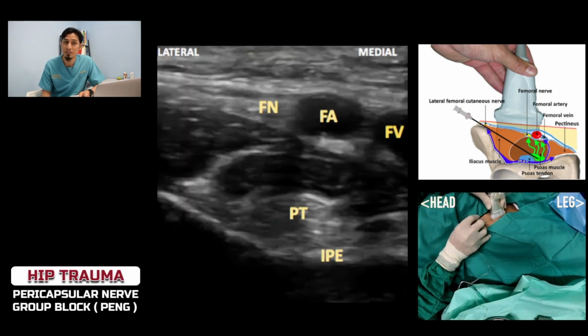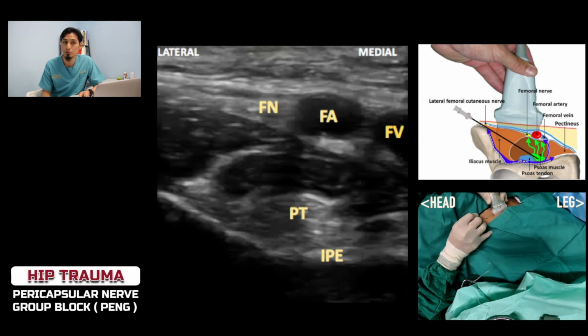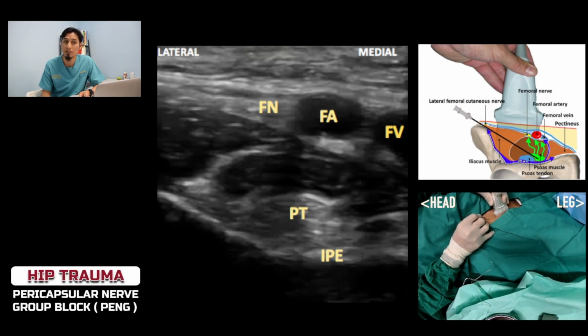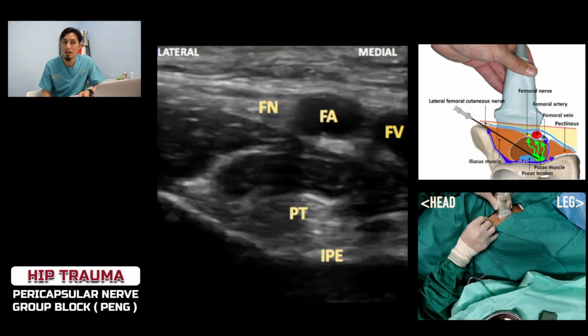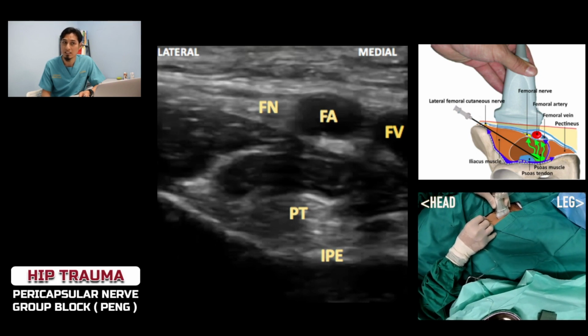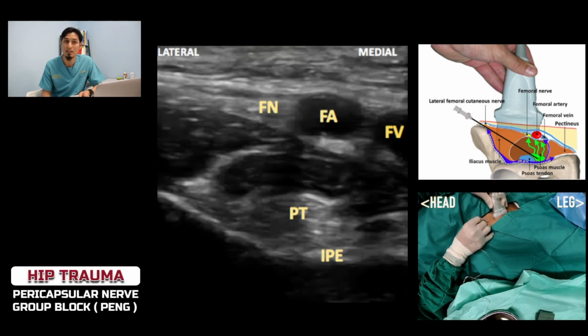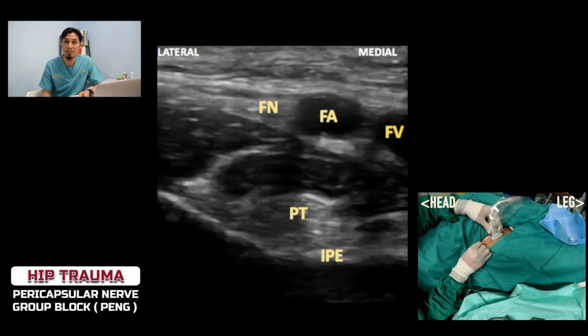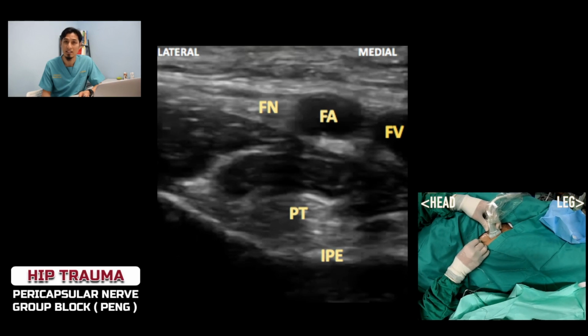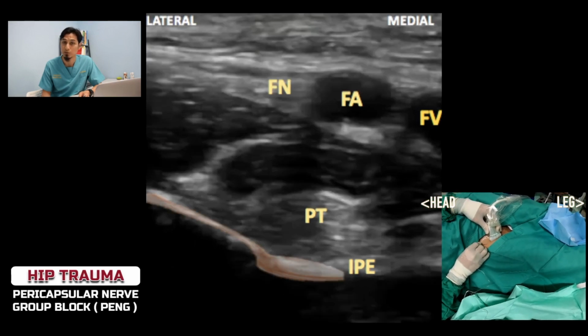Transducer is moved cranially about 1 to 2 cm above inguinal ligament to visualize femoral vessels, femoral nerve, anterior inferior iliac spine, psoas muscle, psoas tendon, and iliopubic eminence. Some describe the appearance of anterior inferior iliac spine and iliopubic eminence like a spoon.